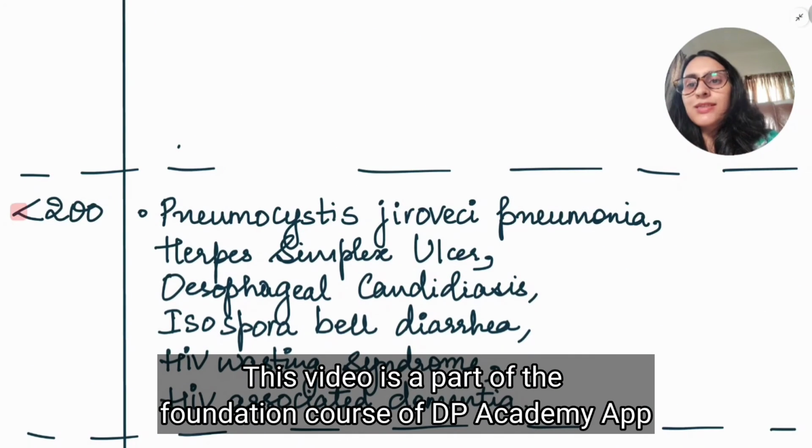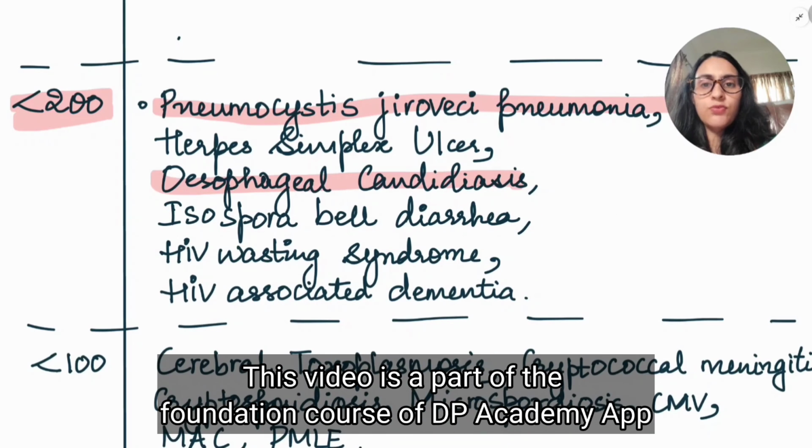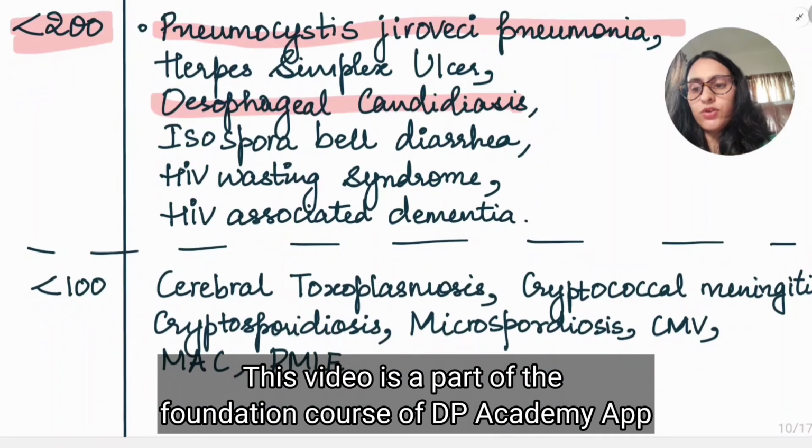Now, if the CD4 count is less than 200, then you can see involvement of pneumonia by Pneumocystis jirovecii, herpes simplex virus, herpes simplex ulcers, esophageal candidiasis, and all these things. So most important being Pneumocystis jirovecii and esophageal candidiasis.